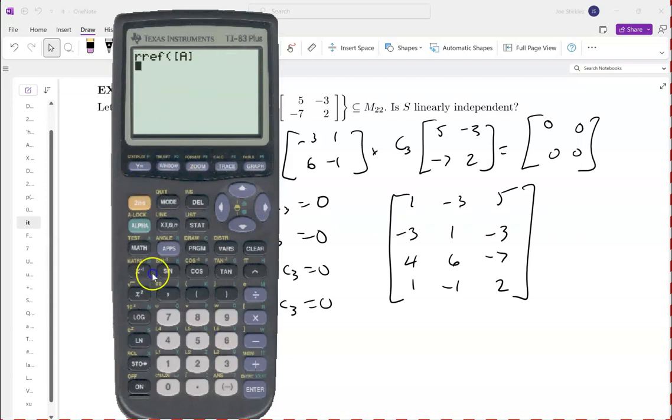Just know that you need to ignore that last column. It's a quirk of the calculator, which is why I wanted to show it. If you have more rows than columns, it won't reduce it.